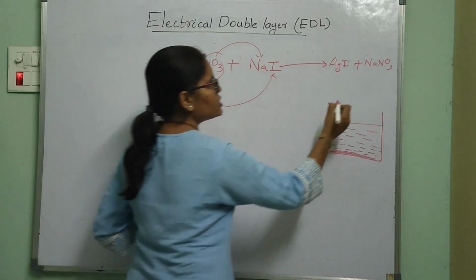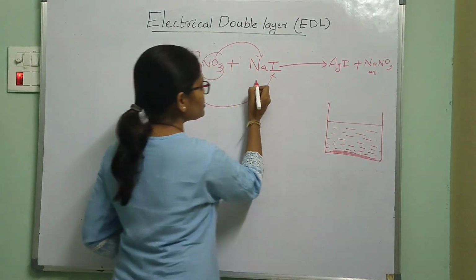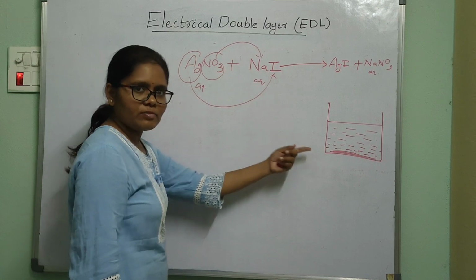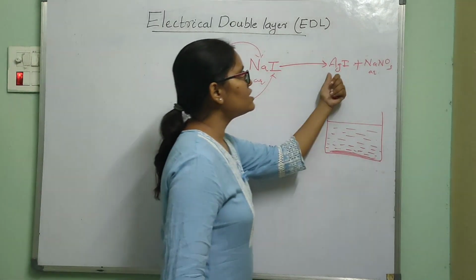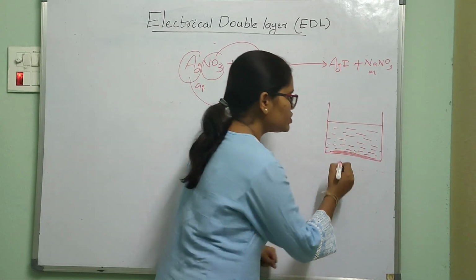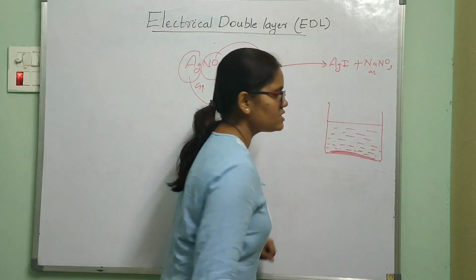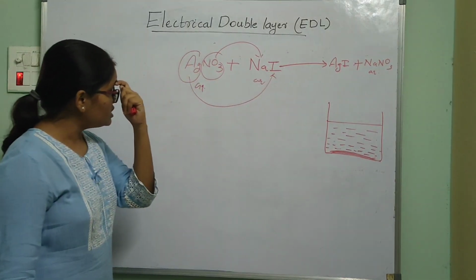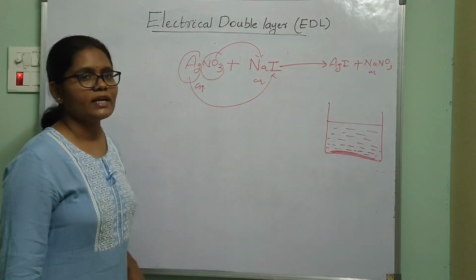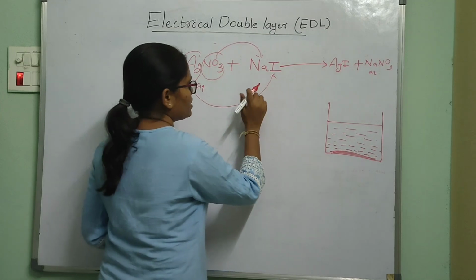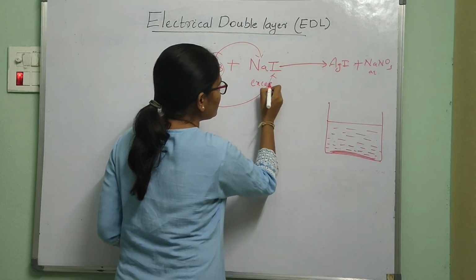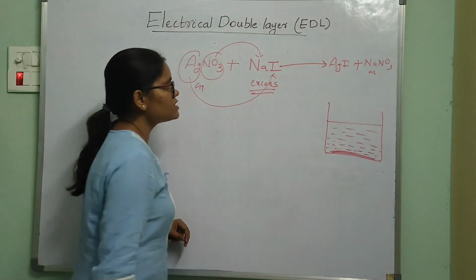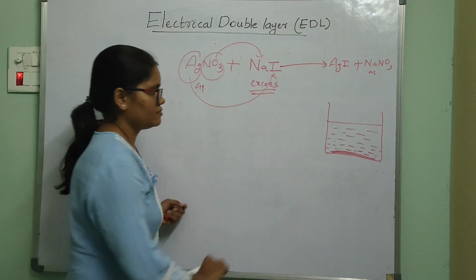Water will be there. Sodium nitrate is aqueous, this is also aqueous. So water will be there, and you have silver iodide in this solution, which will settle at the bottom as precipitate. But if you take this sodium iodide, this electrolyte, in excess quantity, what will happen?